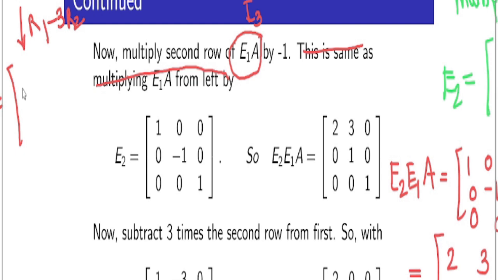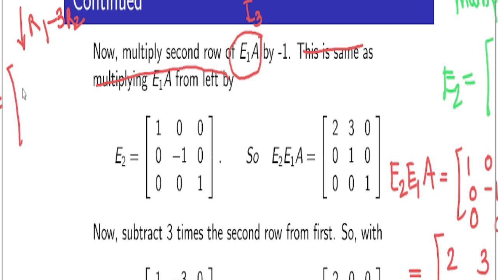We get first row first column: 1 into 2 is 2. First row second column: 1 into 3 is 3, minus 3 into 1 is minus 3, so 3 minus 3 plus 0, that is 0.